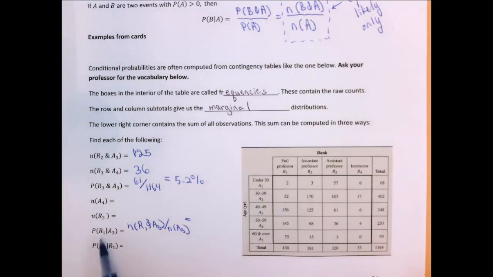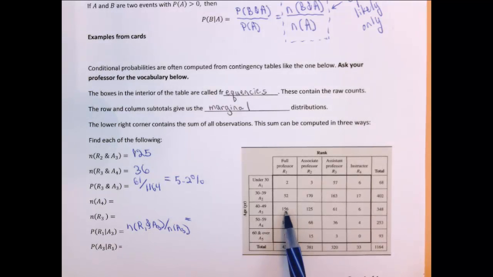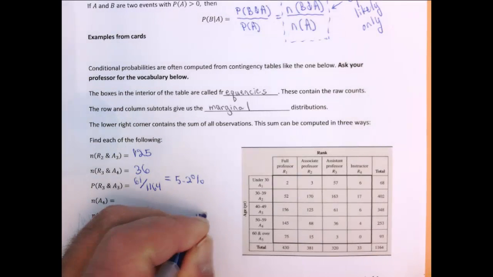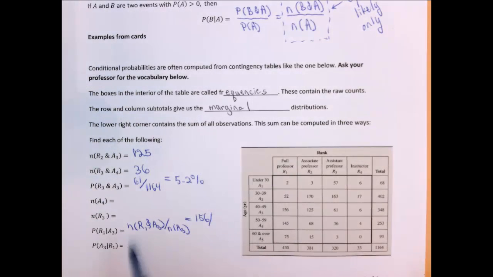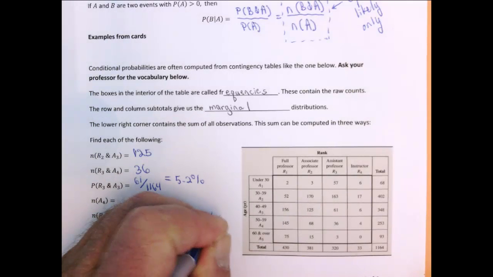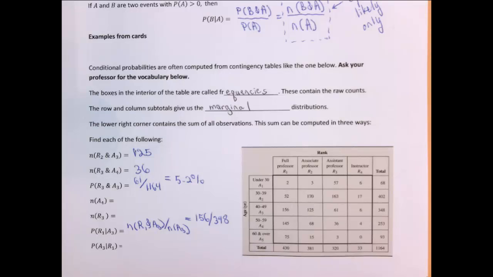The number that are in rank 1 and age group 3 are here, 156. The total number in age group 3 is found from the marginal distribution, 348. This number is approximately 44.8%.